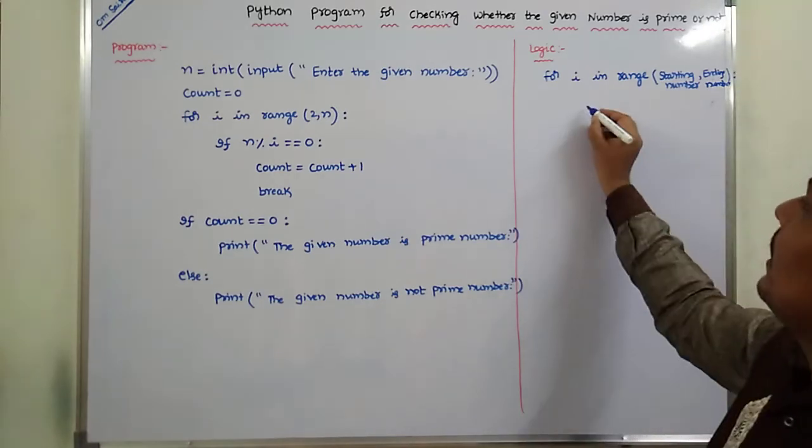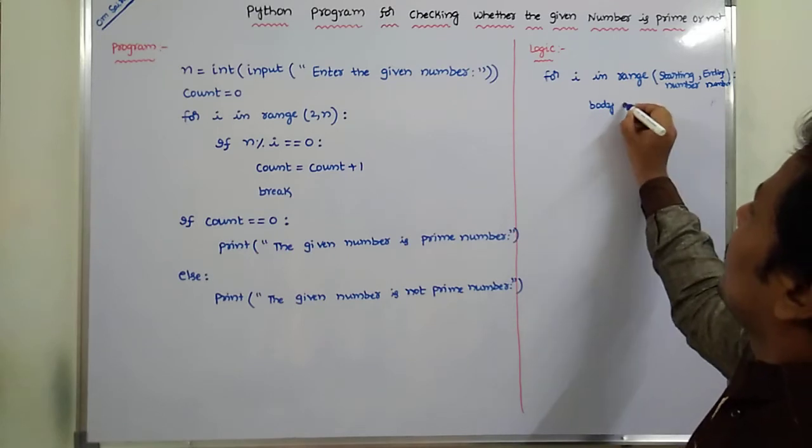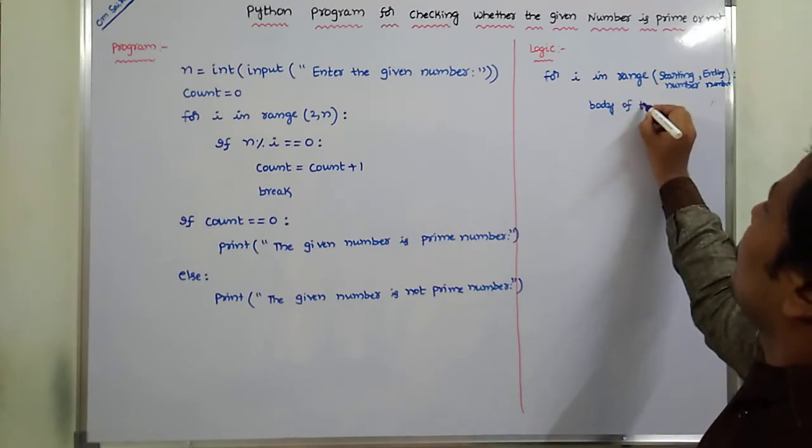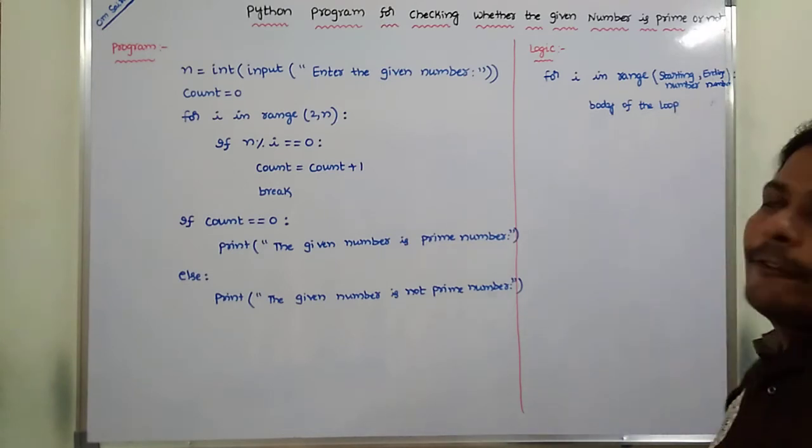Put the colon, and this is the body of the for loop. So this is the syntax of the for loop.